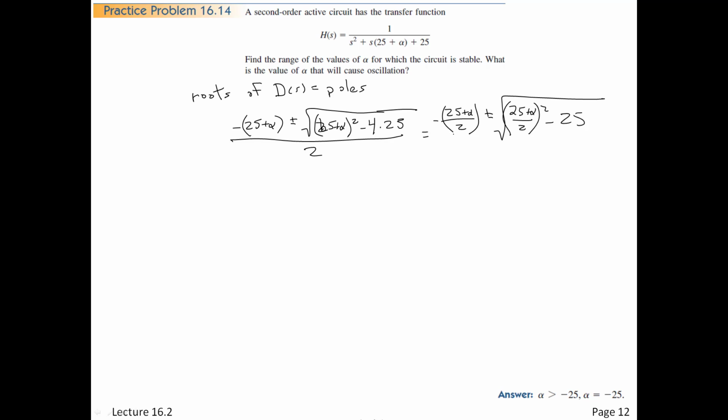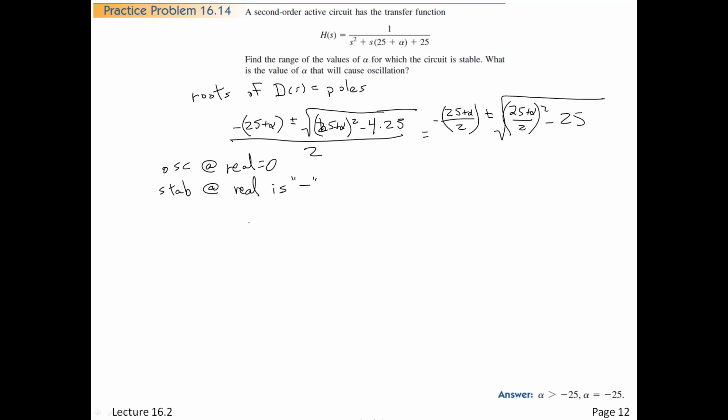Now what we're really concerned about is what's going to make this disappear, so there's no real part, in which case we'll have oscillation. So oscillation occurs where the real part equals 0, and stability is when the real part is negative.